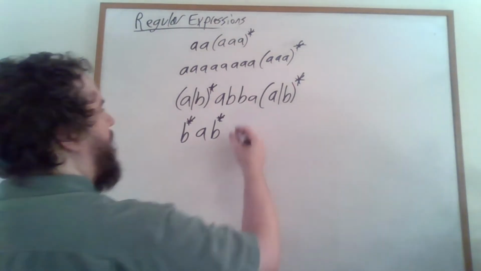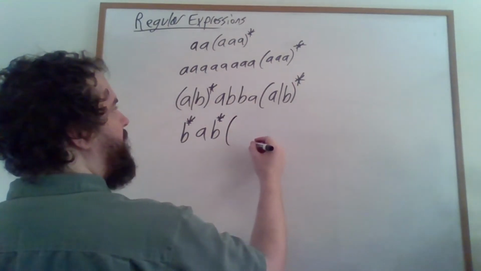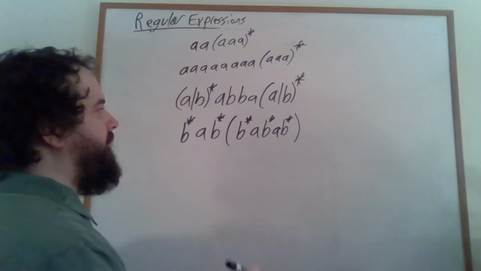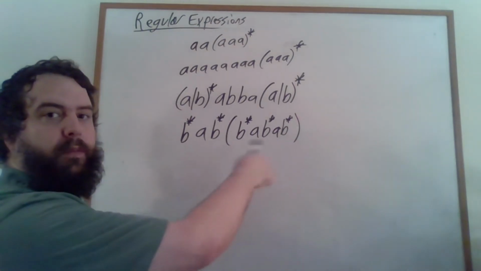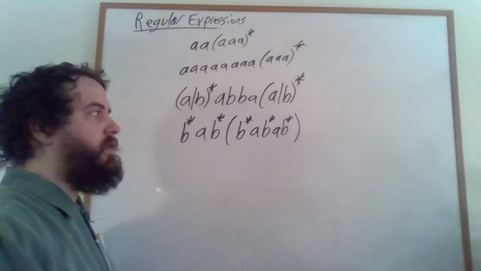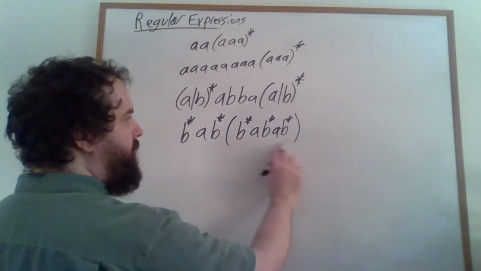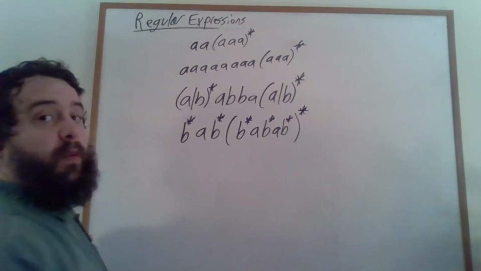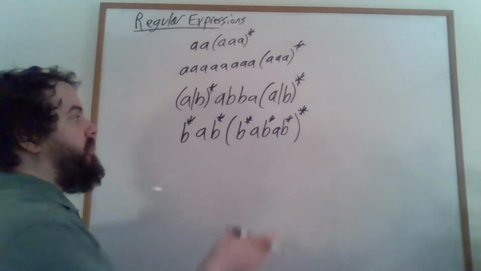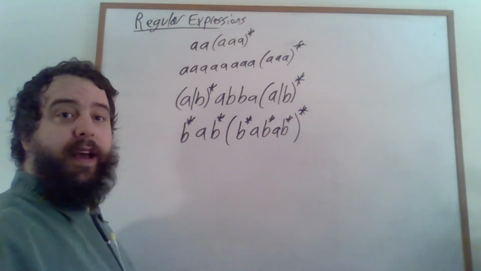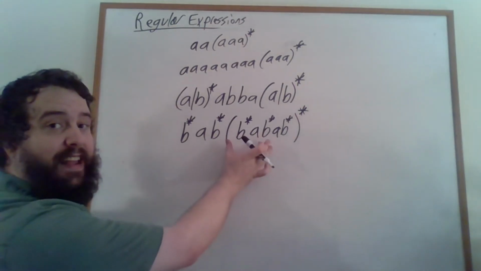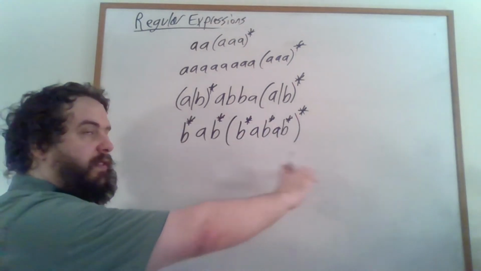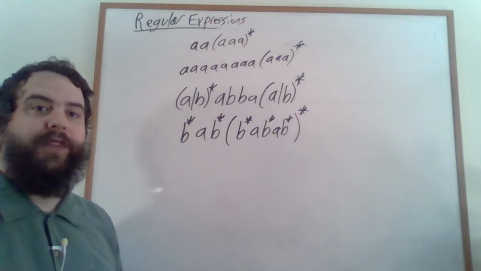And in order to do that, we need to have words that have two A's in them. So this here is a word that has two A's in it with possibly some B's interspersed throughout. And then if we take those words that have two A's in them and we Kleene star them, we get words that have an even number of A's, right? Some number of concatenations of words that have two A's in them. And if we concatenate that with a word that has exactly one A in it, then we get words that have exactly an odd number of A's in them.